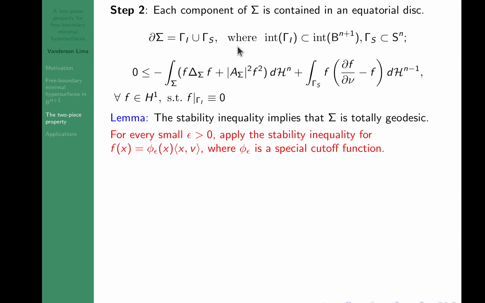So in order to take care of the singularities, I have to consider perturbations of this type of functions.